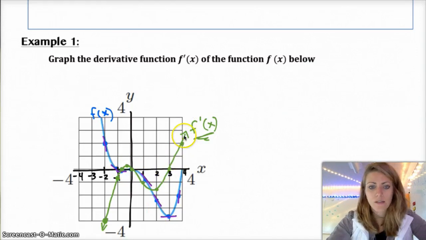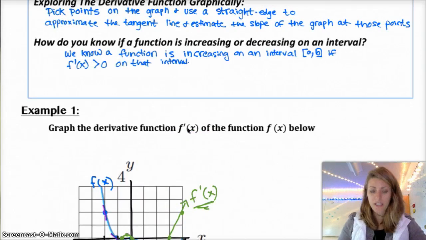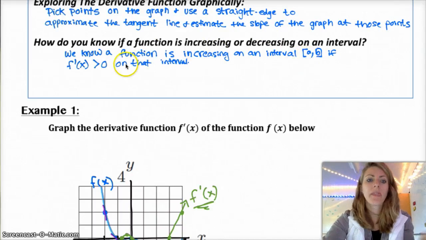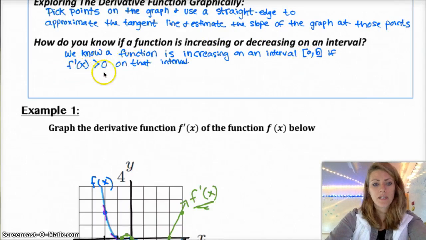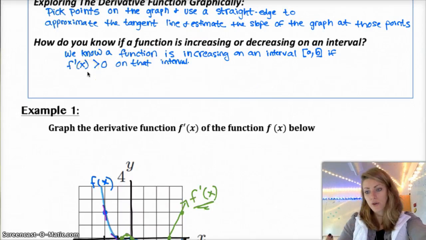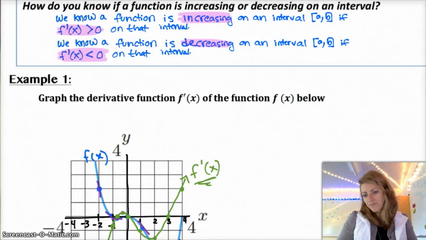It's above the x-axis as well. So we know that a function is increasing on an interval a to b if f prime of x is positive, or greater than 0, on that interval. And the opposite is true for decreasing: f prime has to be less than 0. Okay, so there you go.